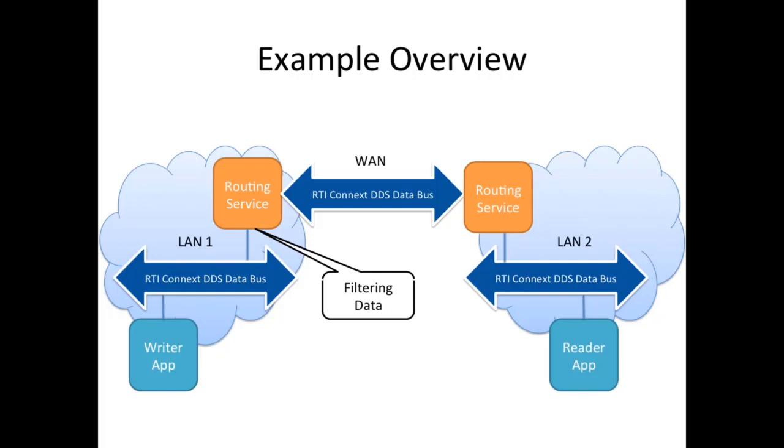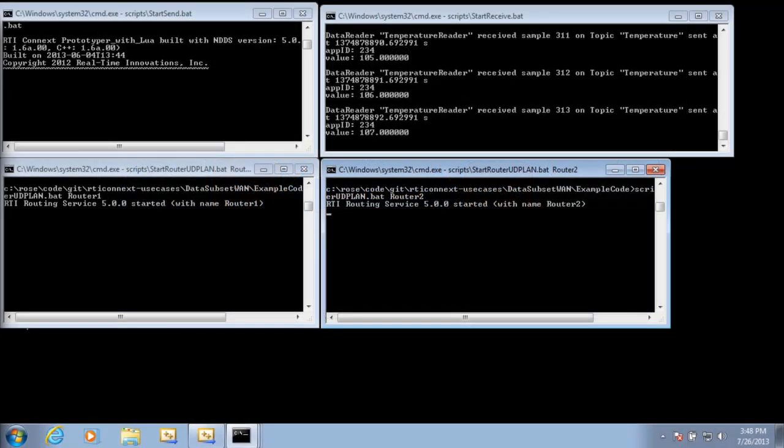So at this point, the filtered data is going across the WAN. The second routing service is then routing it into the second local area network, and the reader app is receiving it. So in these applications, the sending app is here on the left, so this is generating the data. Then there's routing service 1, which is actually doing the filtering of the data.